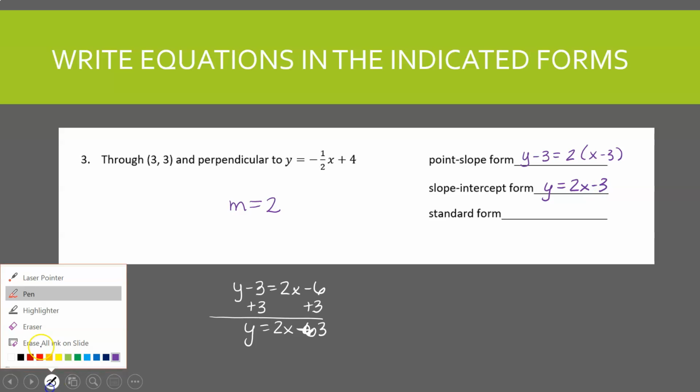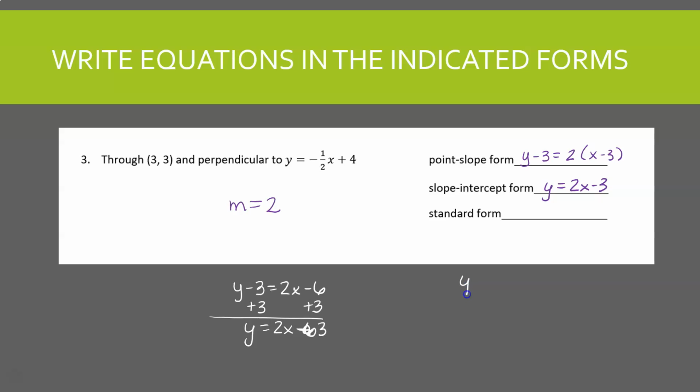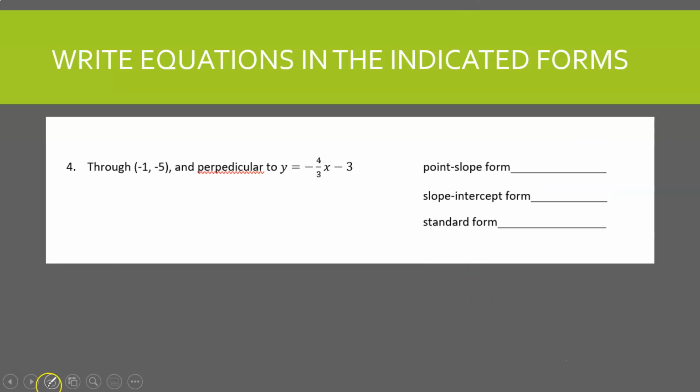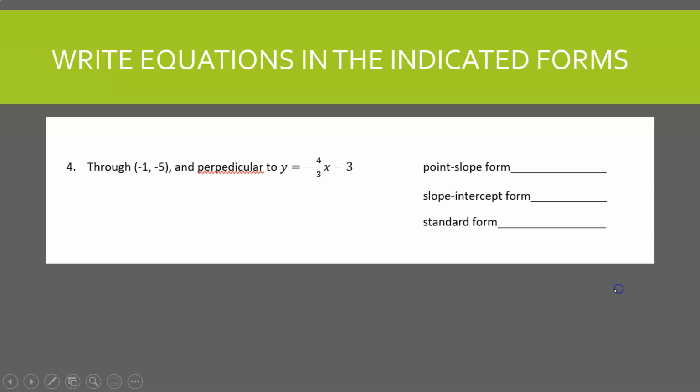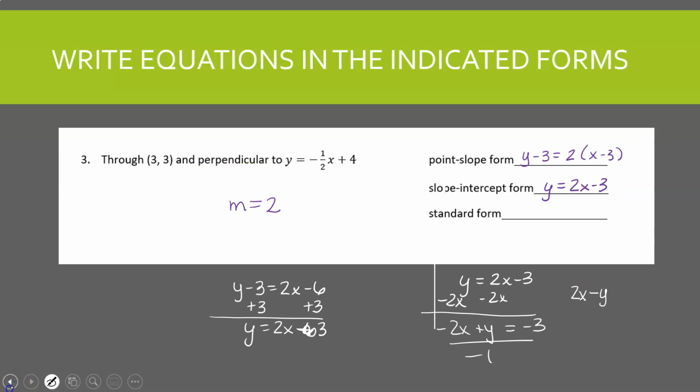Now we're going to put that in standard. I'm going to subtract 2x. Got to divide everything by negative 1 to get rid of that negative leading coefficient. So I have 2x minus y equals 3. What the heck?